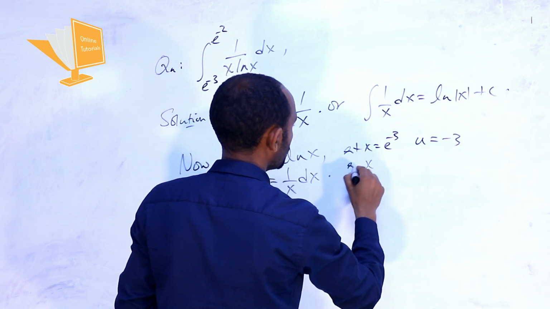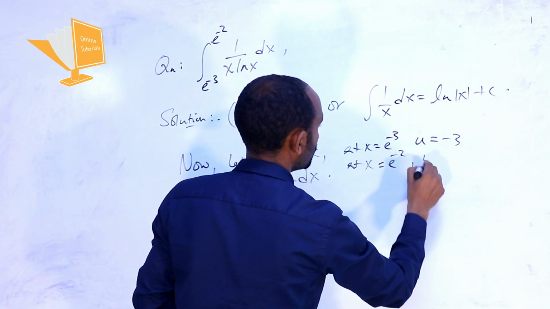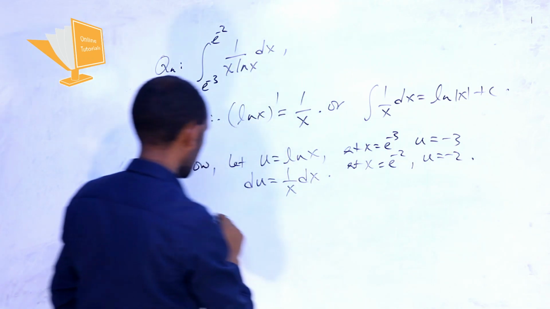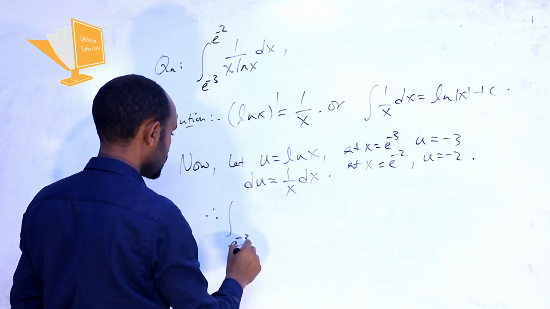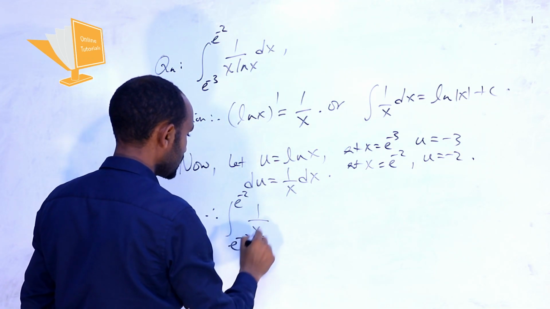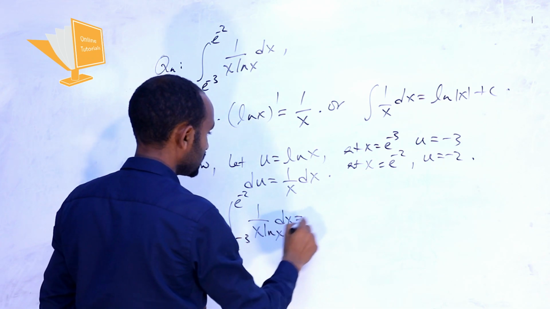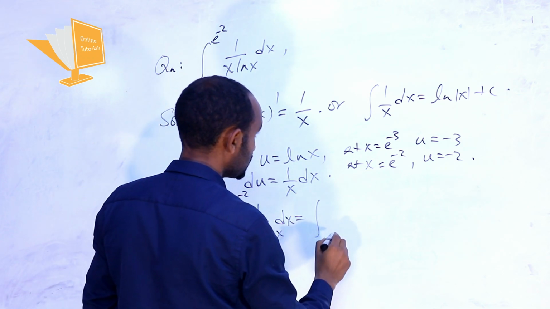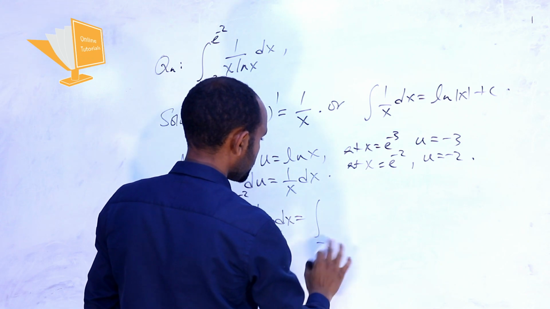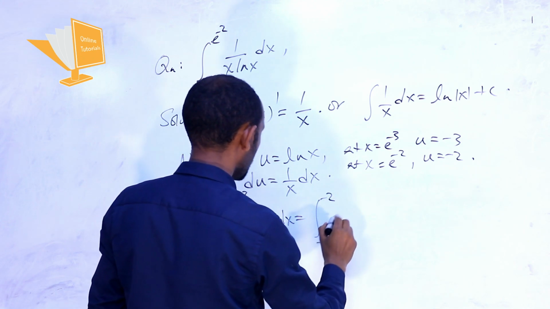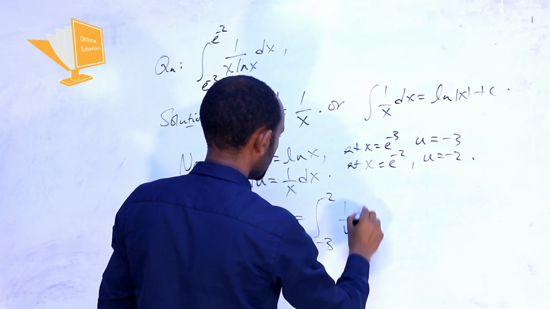And at x equal to e raised to minus 2, u is minus 2. Therefore, the integral from e raised to minus 3 to e raised to minus 2 of 1 over x ln x dx is nothing but the integral from minus 3 to minus 2 of 1 over u du.